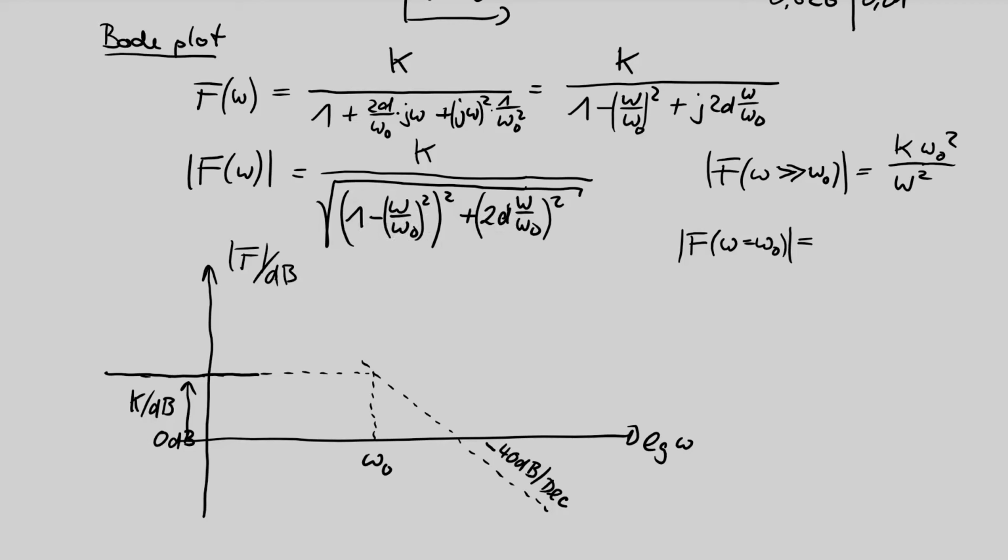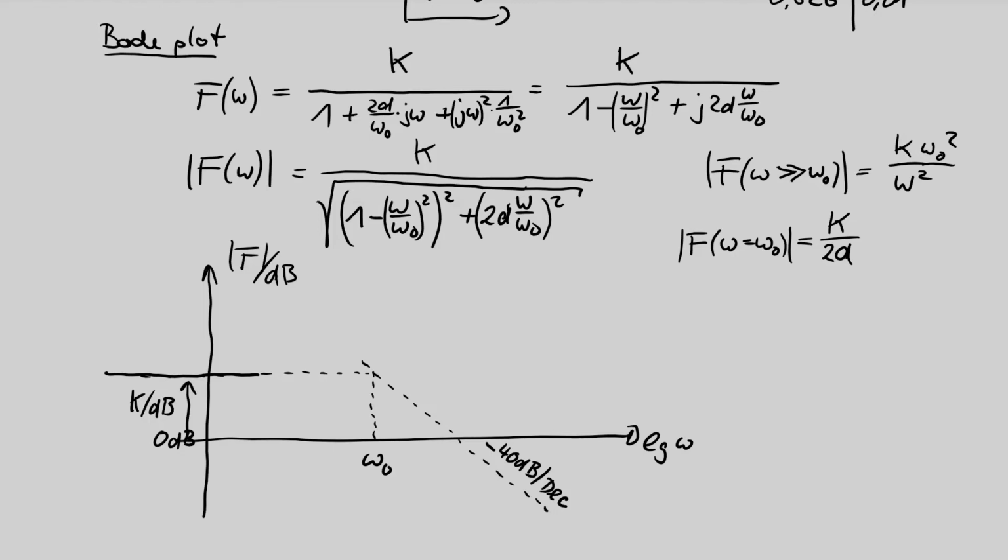This is 2d times omega naught divided by omega naught, which is 2d. Squared, square root is just 2d. It's k divided by 2d. So this depends on the damping factor. This exact point is not the resonant point.